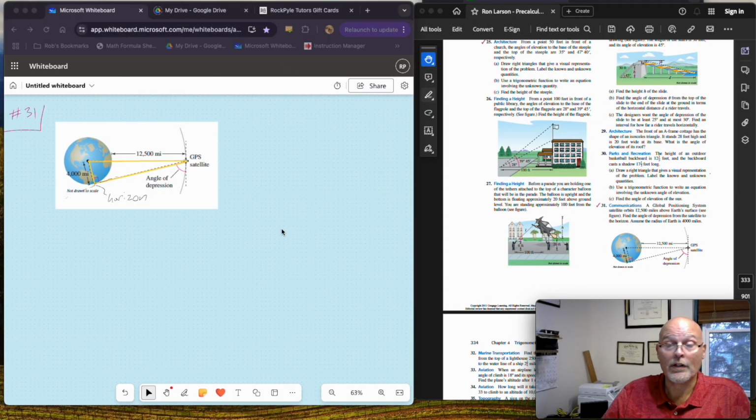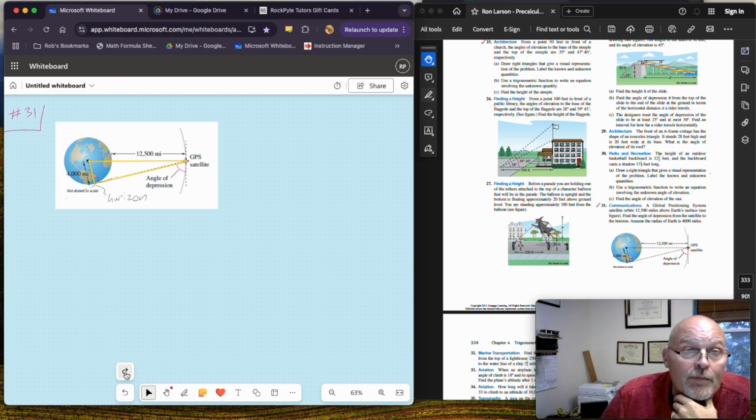All right, next we're going to do number 31. And this requires a little bit of mental understanding in figuring out what they're giving us and what the triangle we want to work on is. So what we want to do on this one is first I want to draw it from the point of view of the satellite, because we're talking about angles of depression and elevation.